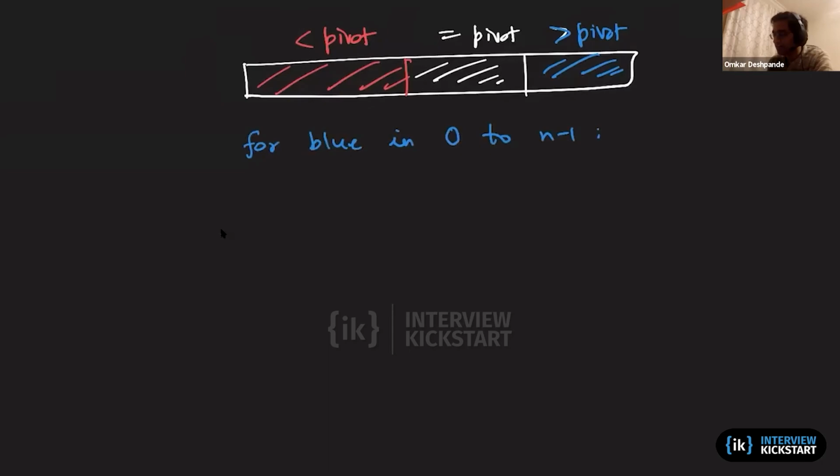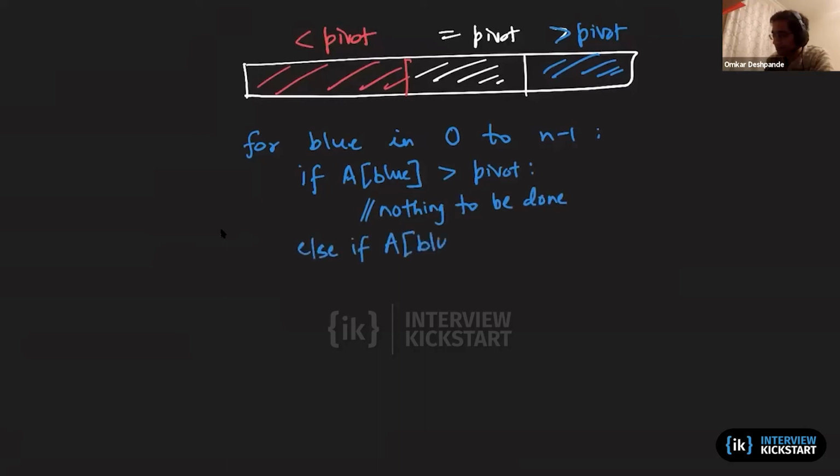And if the current value is blue, then there's nothing to be done. In other words, if this value is more than the pivot, nothing to be done. Else, maybe the value is equal to the pivot.